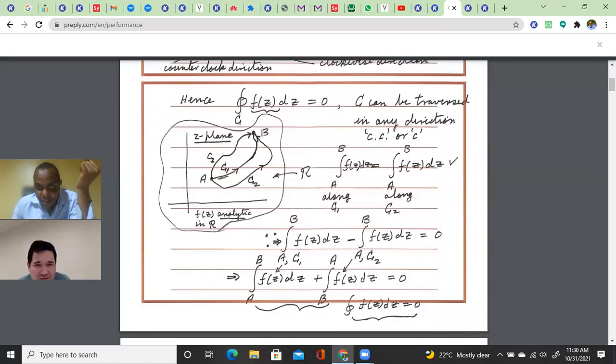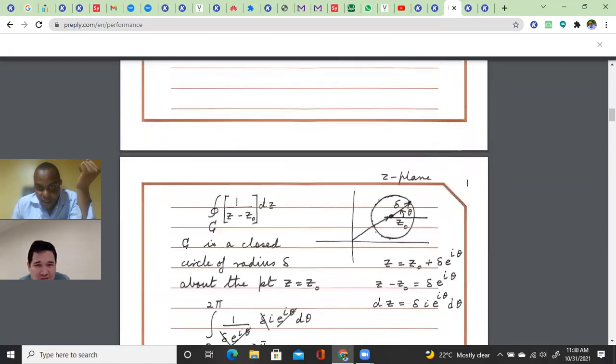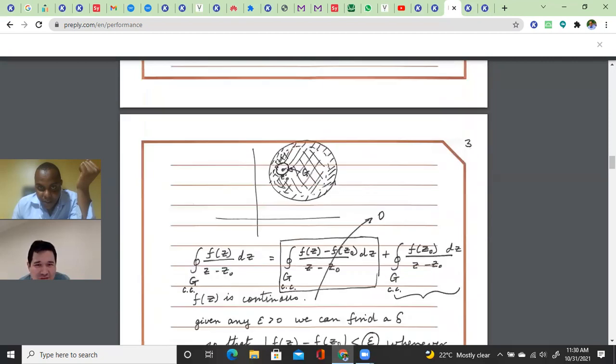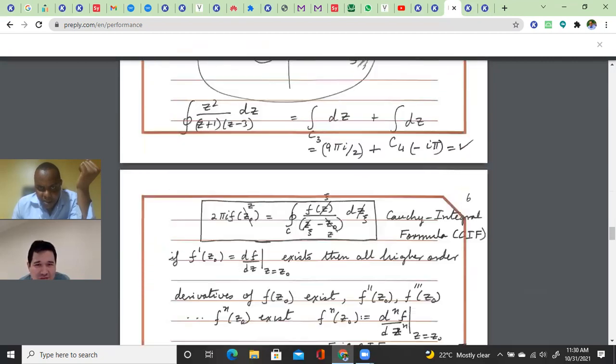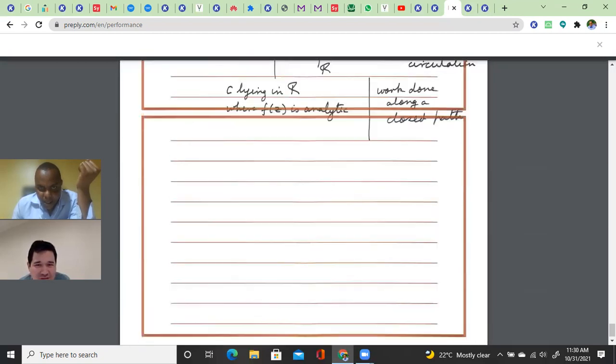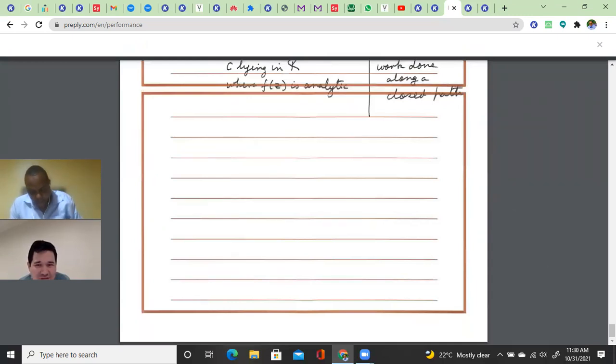Okay. So several things coming in. Okay, interesting. Let me just check my notes to see whether I have that. Traversal of a closed path.